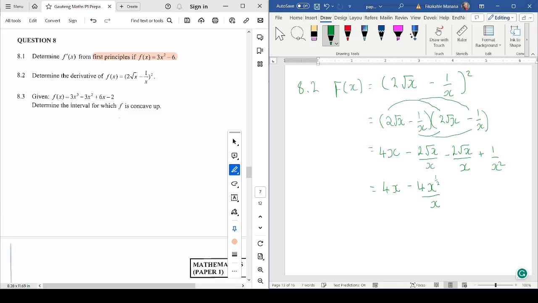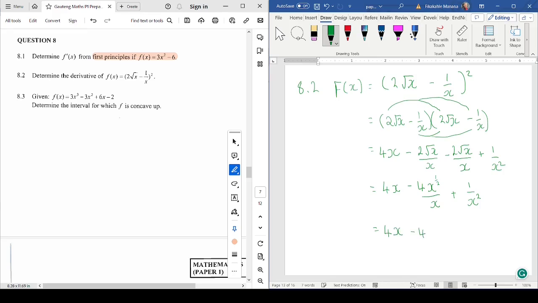Cool. All right, and then the next one is going to be plus, I want to rewrite this. Okay, let me just leave it as it is for now. Let me leave it as 1 over x squared. Now I want to bring the x's on top so that there are no fractions.